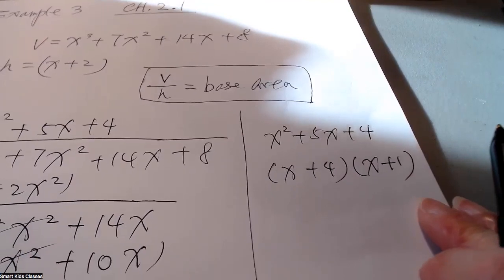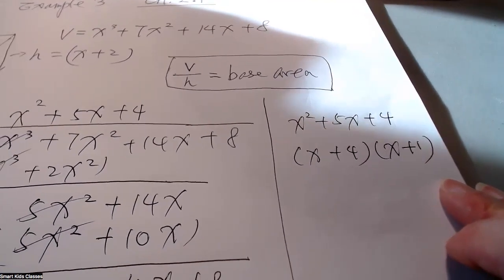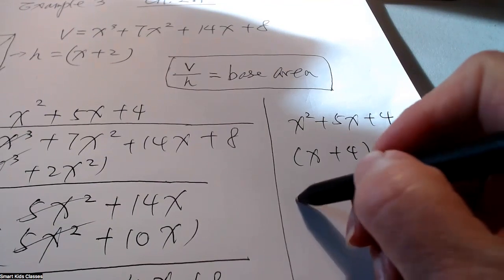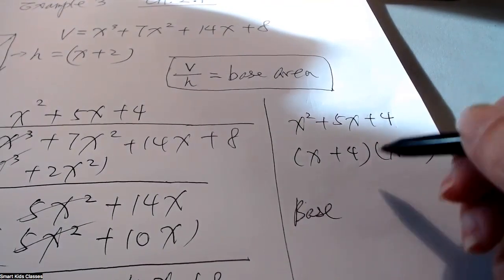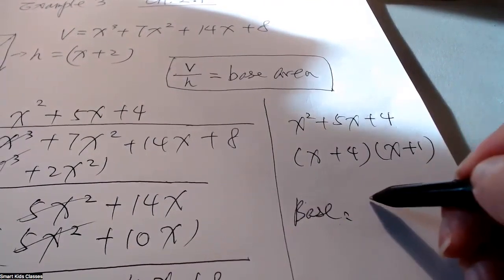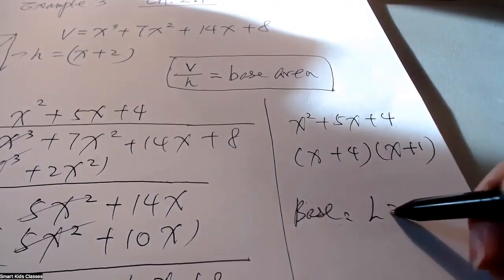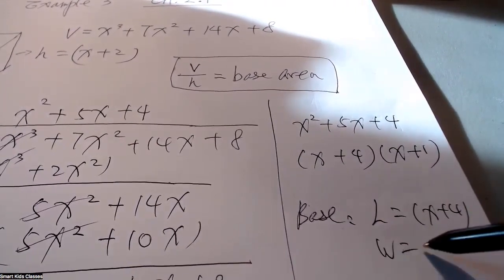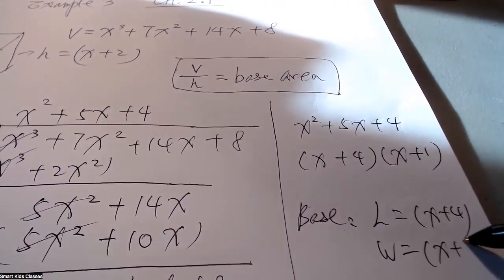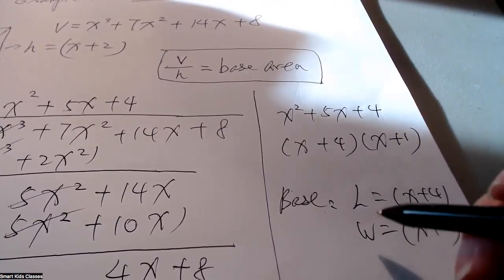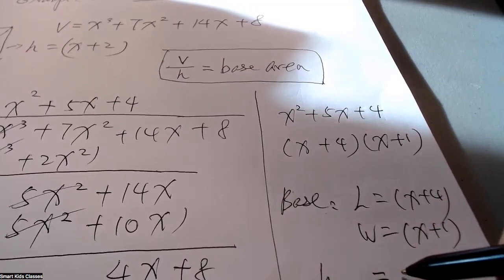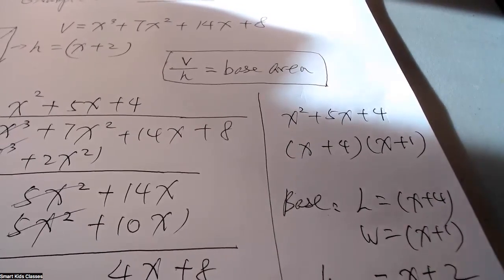Now we find all the dimensions for this prism. For the base, L is equal to x plus 4. The width is equal to x plus 1. And the height is provided, which is x plus 2.